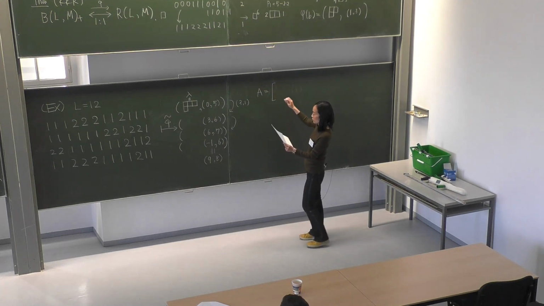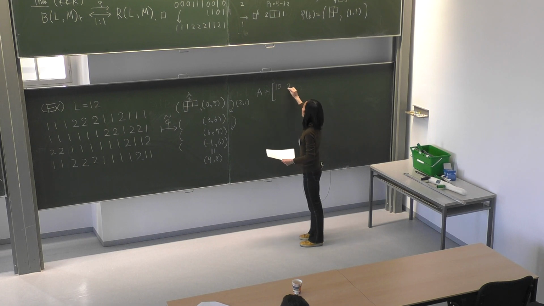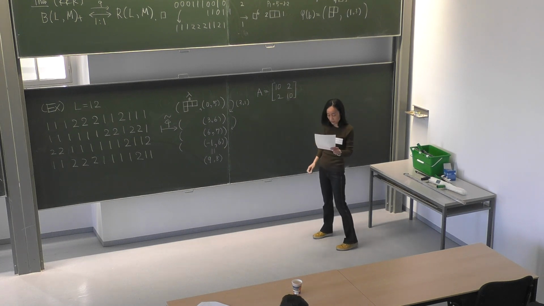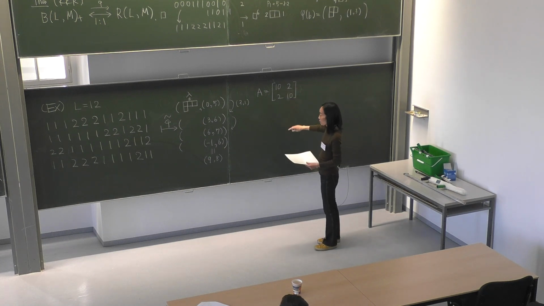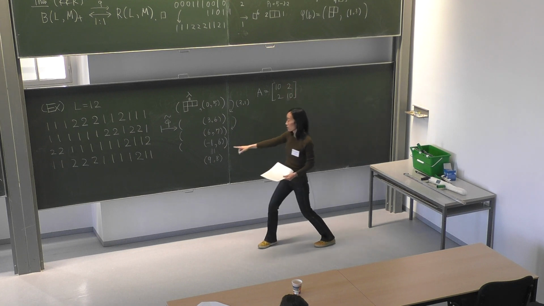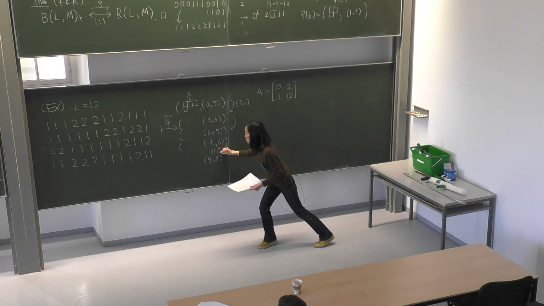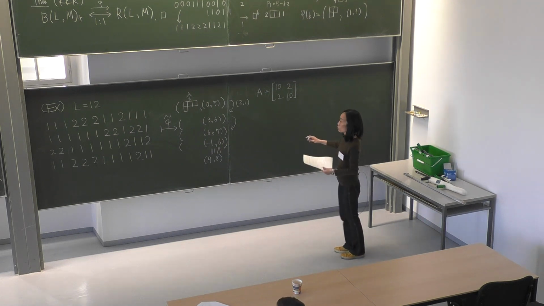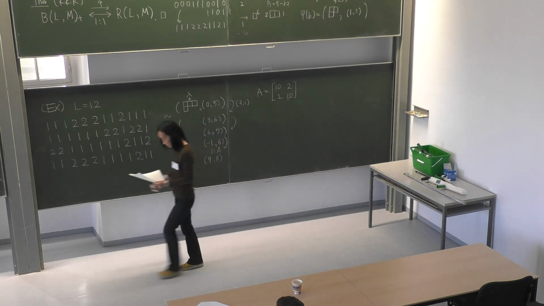It is 10 to 10 for this case. By adding the vector 10,2, we get this one. So modulo A, they are the same point on the torus. This is what happens here.